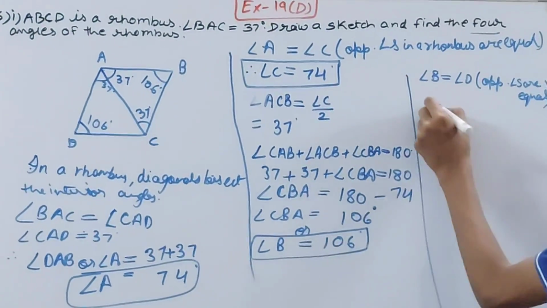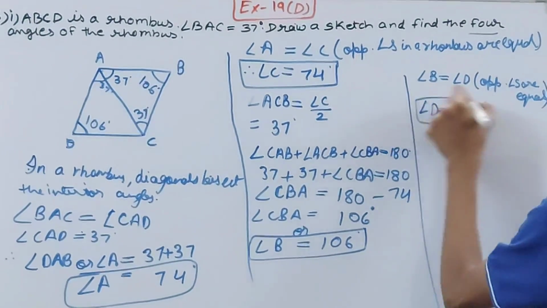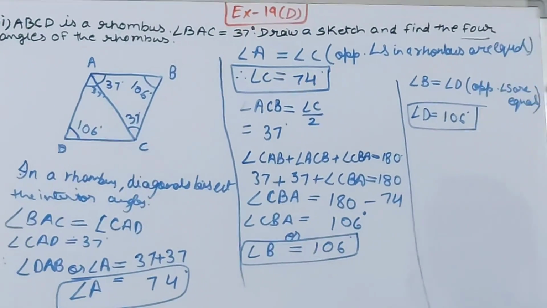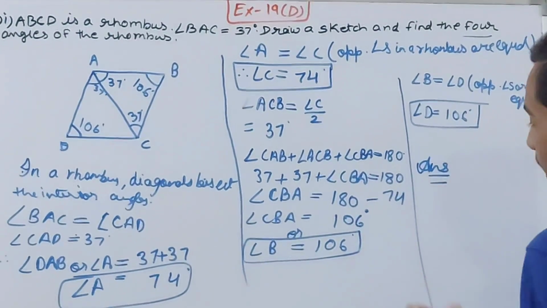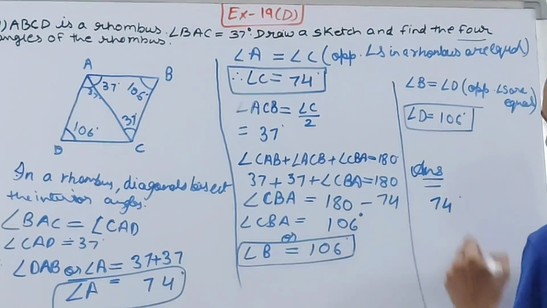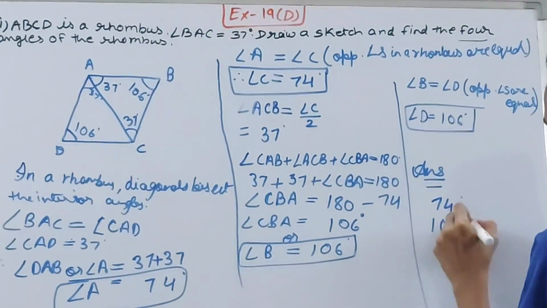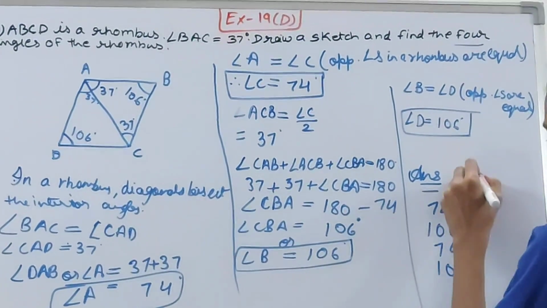So angle D equals 106 degrees. All four angles we have taken out. So finally your answer will be the measure of all the four angles of the rhombus: 74 degrees for angle A, 106 degrees for angle B, 74 degrees for angle C, and then again 106 degrees for angle D.